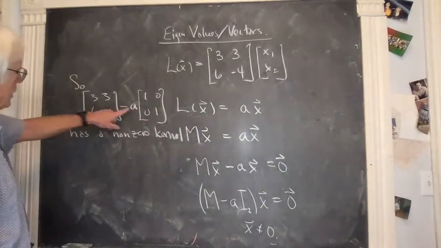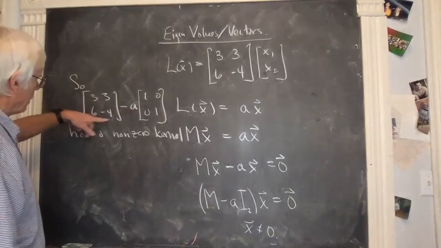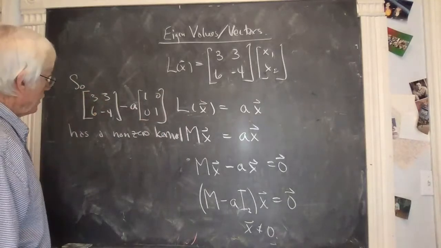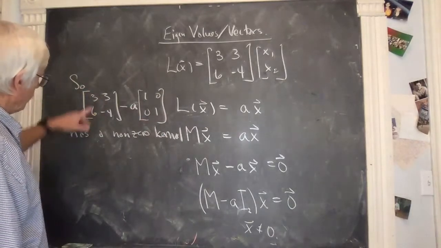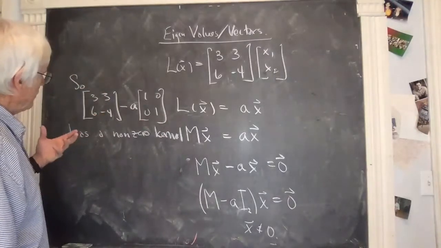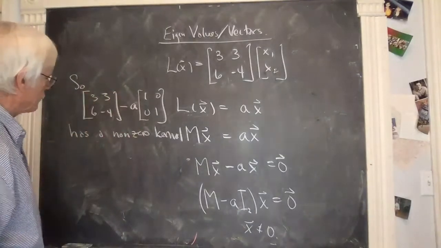Now, if you put in an A value and subtract, and you get linearly independent columns, like if A is 0, these columns are linearly independent, then you won't get a non-zero kernel because the determinant won't be 0. Once you subtract, the determinant being 0 tells you when you have a non-zero kernel.